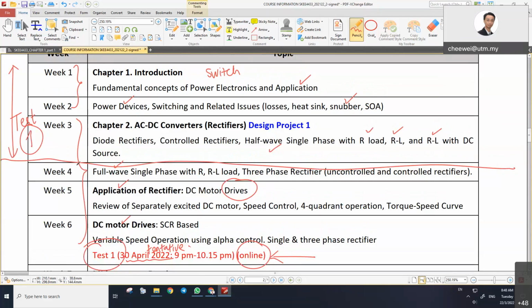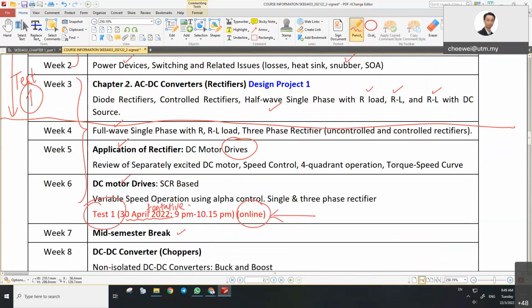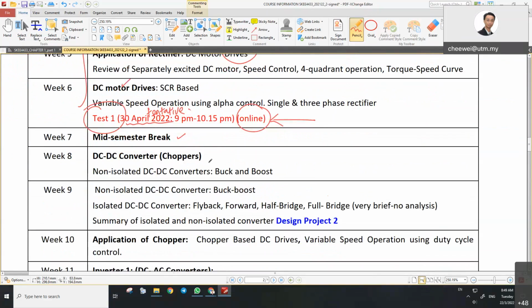So you have time in week 4 to study, week 5 to study, and week 6 you sit for the test. And then you come to week 7, have a good break. And we will continue with the next chapter, chapter 3.